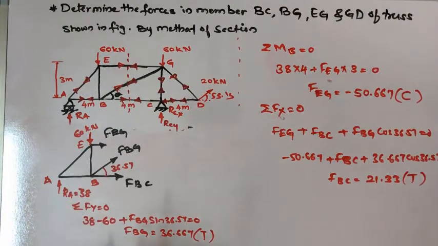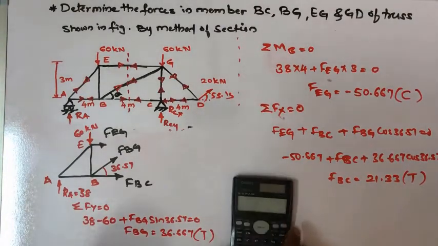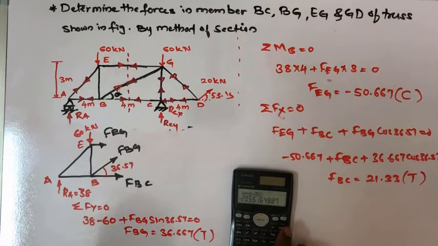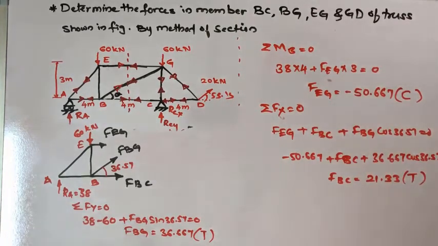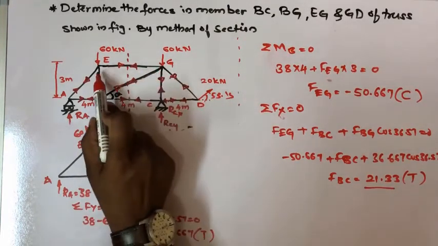If I get the positive value, then it will be tension. Okay, cross check one more time. 36.667 into cos of 36.57 will get 29. So minus 50, if I take it to the other side, it will be positive. Okay, correct. So we have calculated the FBC value, FBG value and FEG value.